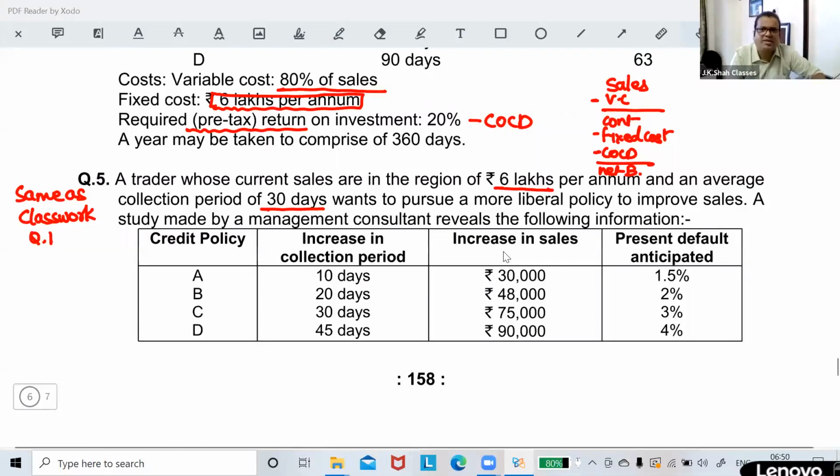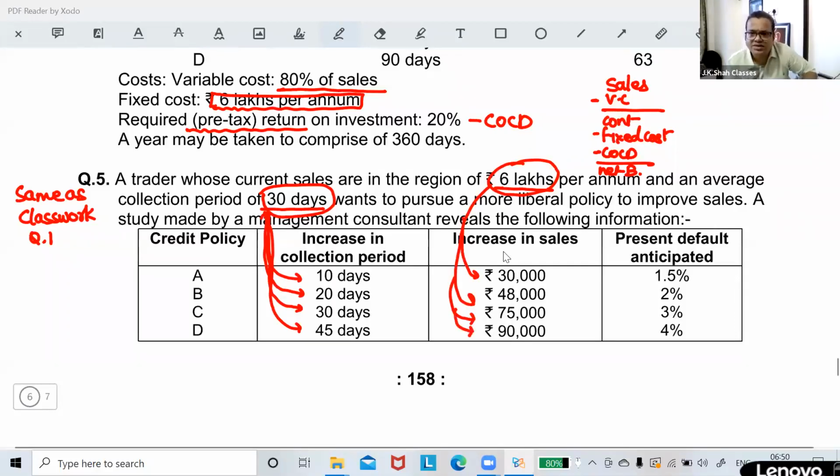A study made by a management consultant reveals the following: increase in collection period. So, guys, this is your existing collection period. To that, everywhere you have to go on making an addition, like in question number 1. Similarly, increase in sales. This is 6 lakh per annum. To that, everywhere you have to go on making an addition. Right? I hope you understand this.